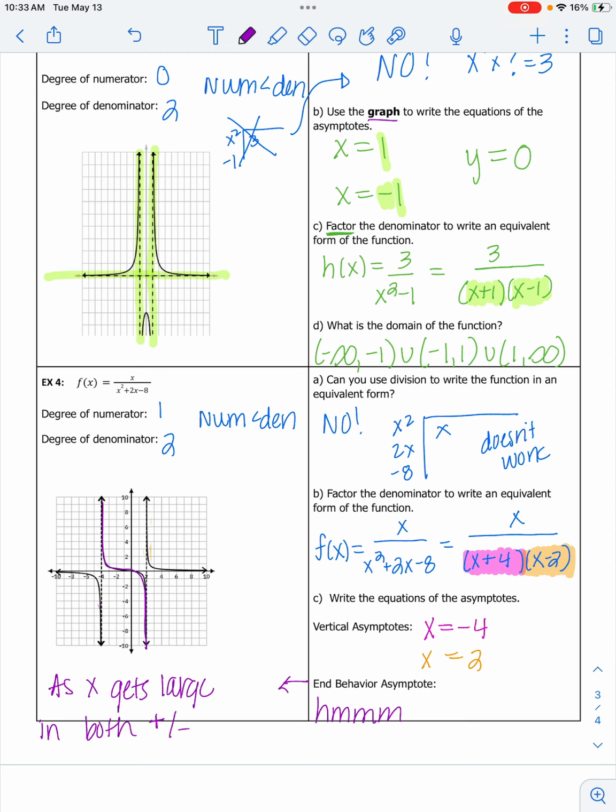So as x gets larger on the right, it is approaching 0, and as x gets larger on the left, aka smaller, it is approaching 0. So we still have an end behavior asymptote of y equals 0. It's just in rare cases that because it's approaching 0 on the left and the right, the center can actually go through it.